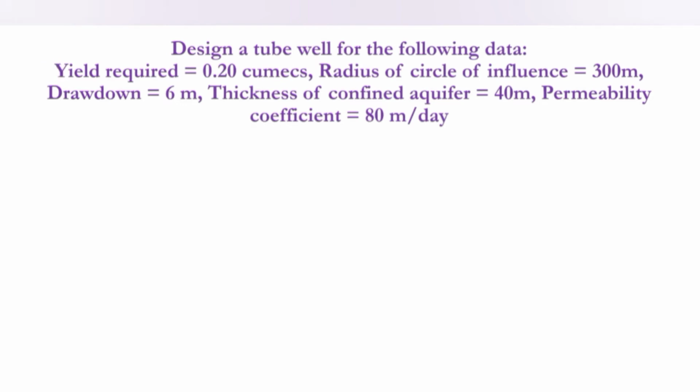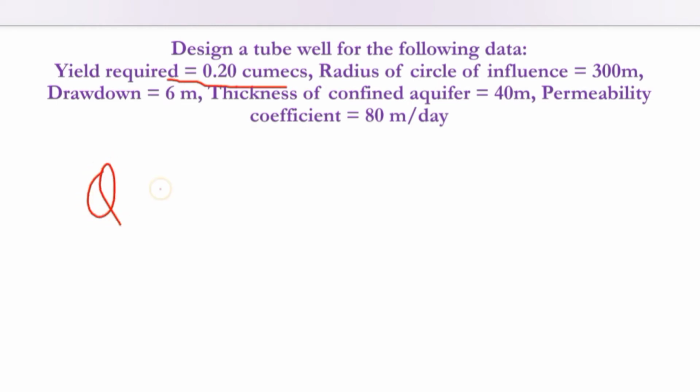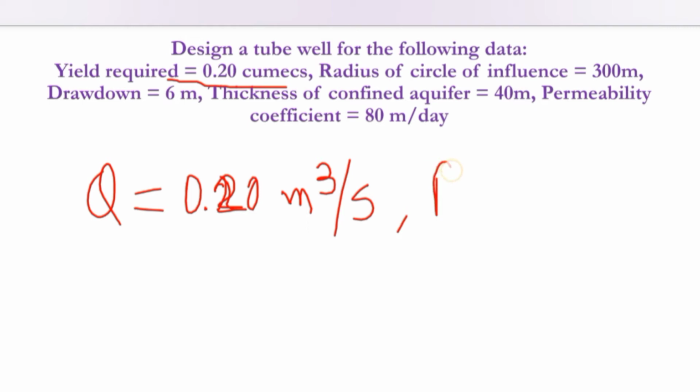Let's write the data given. Yield required is 0.20 cumex. So Q is equal to 0.20 meter cube per second. Radius of circle of influence, that is capital R, is equal to 300 meter.